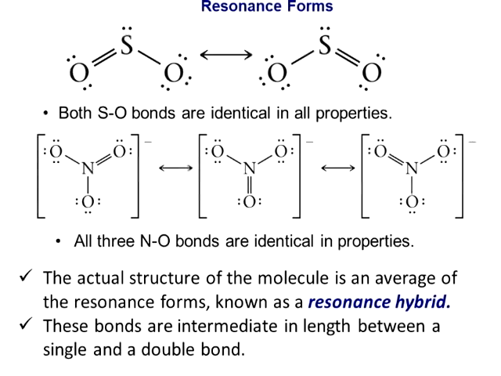So, in the case of SO2, we show one resonance structure on the left. If we look around each of the atoms, we find the rule of 8 for all the atoms. That is, for the oxygen on the left, for the sulfur, and for the other oxygen.